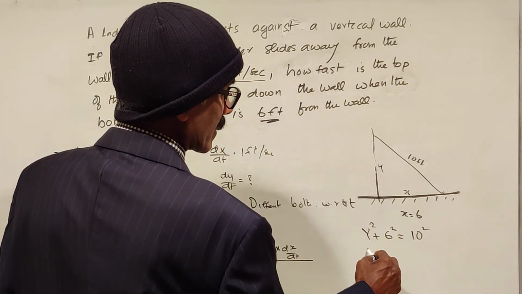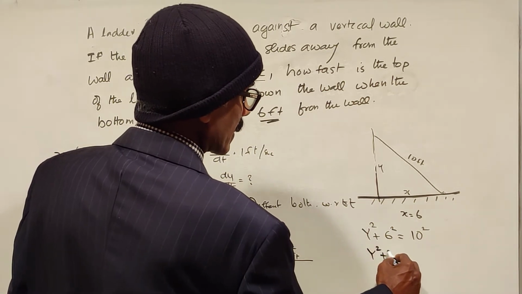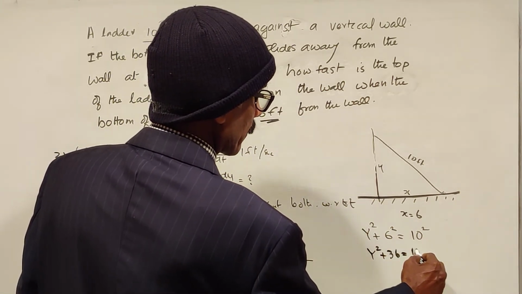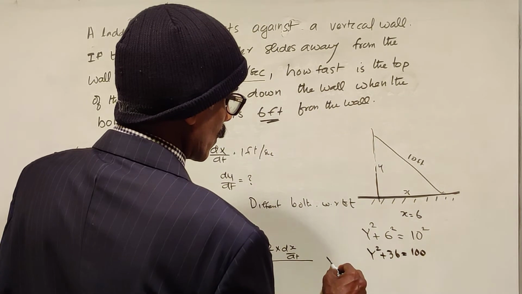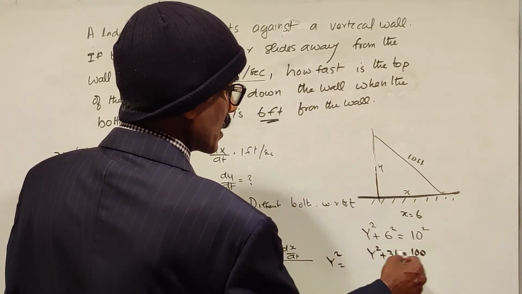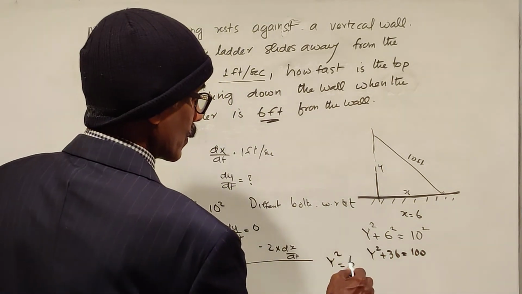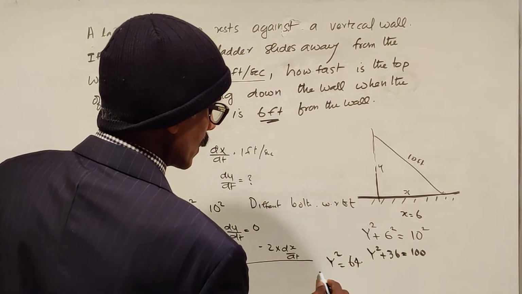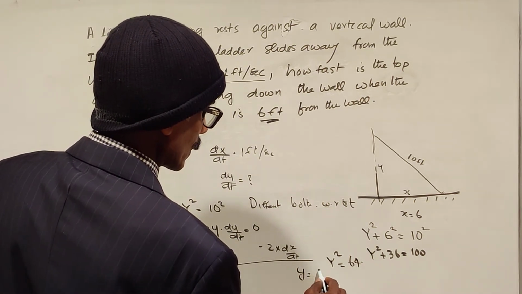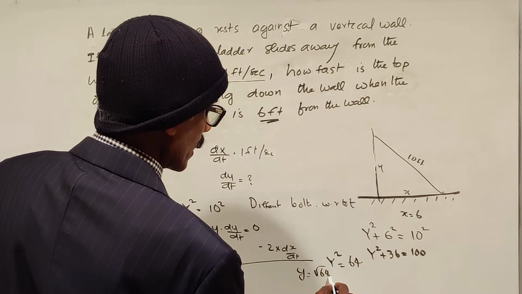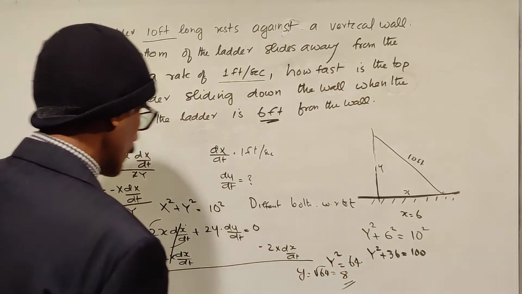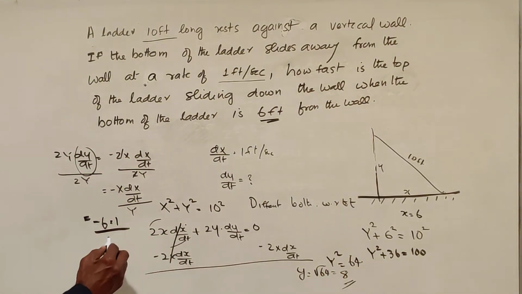So y square plus 36 equals 100. y square equals 100 minus 36, which is 64. y equals square root of 64 equals 8. Okay, so y is 8. So the answer is minus 3 by 4 feet per second.